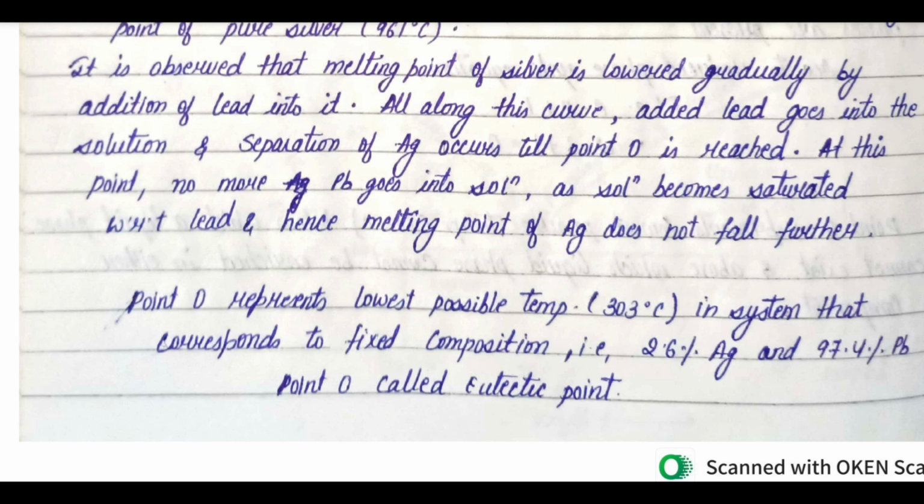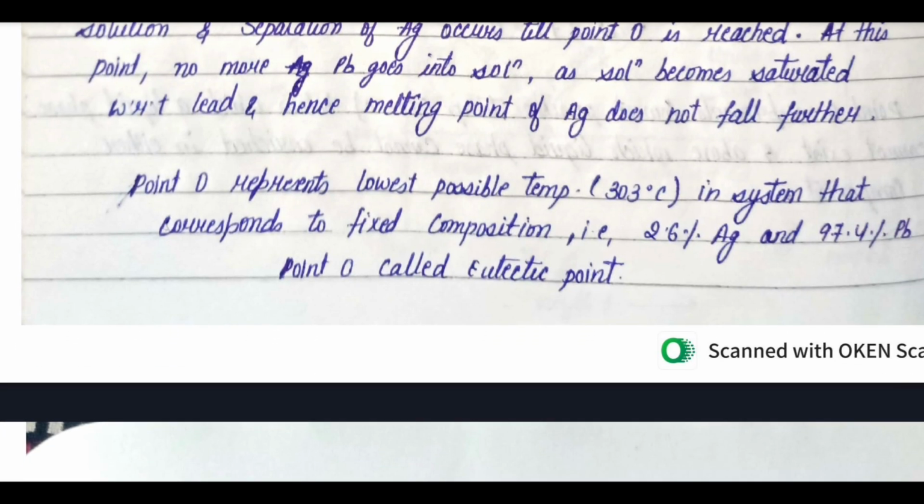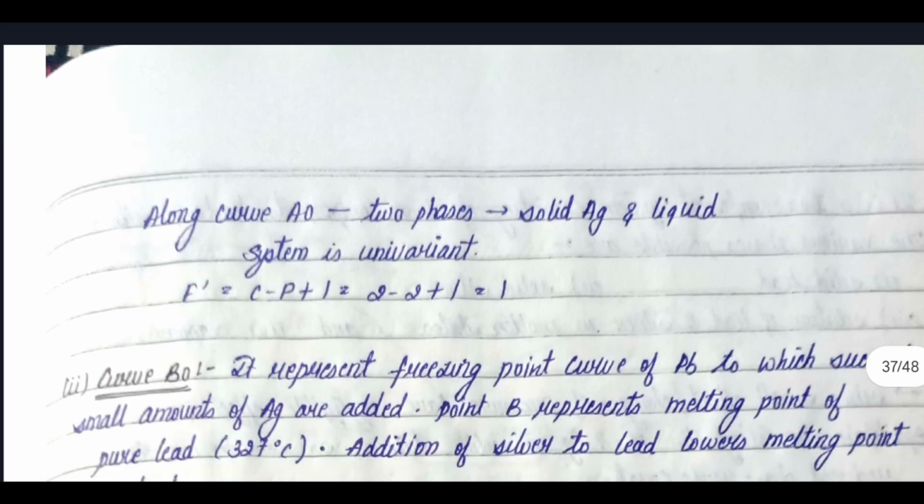At this point, no more Pb goes into solution as solution becomes saturated with respect to lead, and hence melting point of Ag does not fall further. Point O represents lowest possible temperature in system that corresponds to fixed composition, that is 2.6 percent of Ag and 97.4 percent of Pb. Point O is called eutectic point.